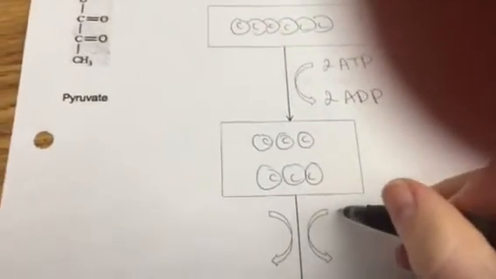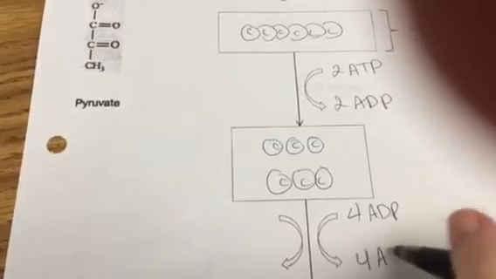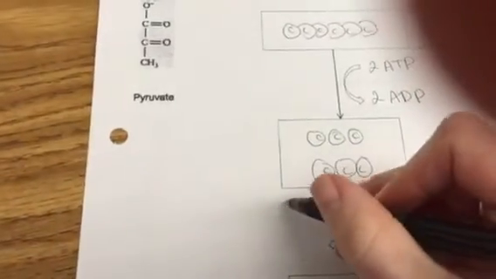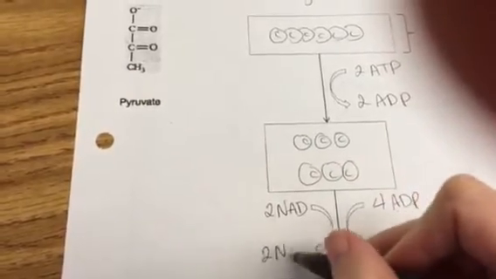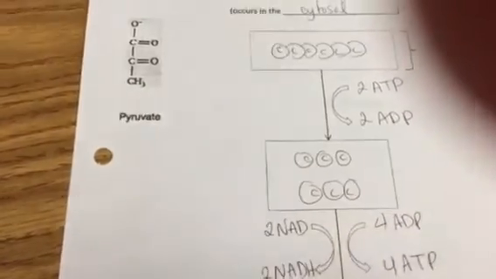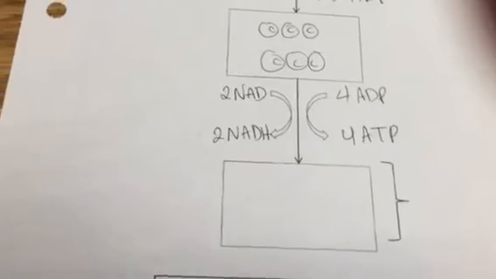Then we're actually going to make 4 ATP and 2 NADHs. And NADH is very similar to NADPH, which we use in photosynthesis. Does the same thing, it just carries around high energy electrons.